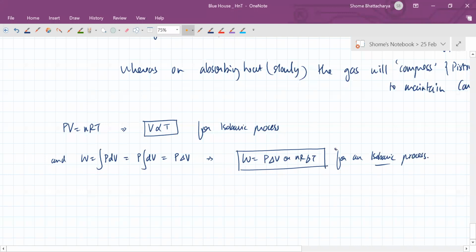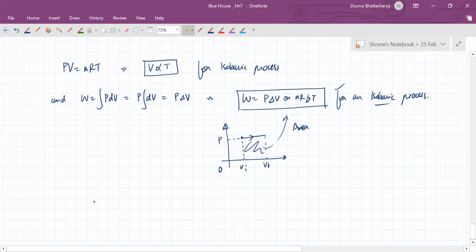So the formula for work done, which is the path function, becomes like this. You can also understand this from area under the graph. Okay. Delta U is the same.